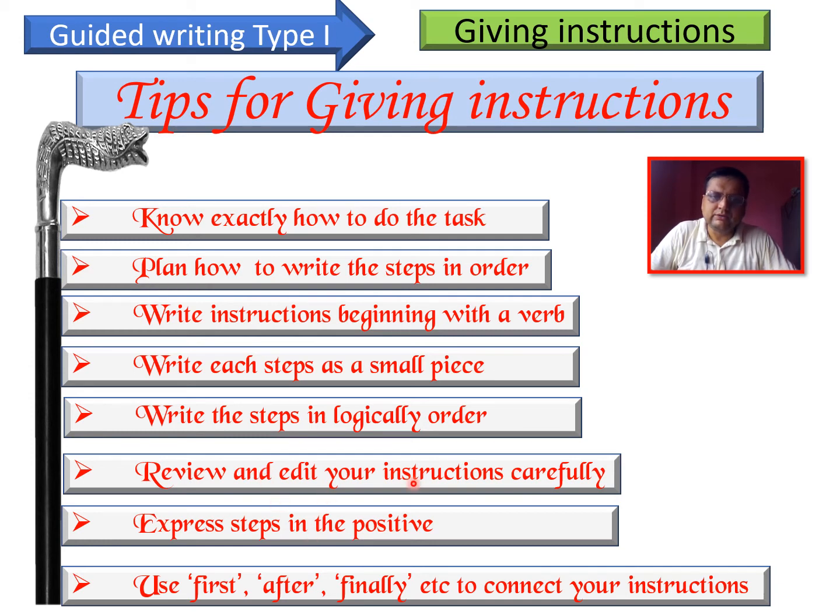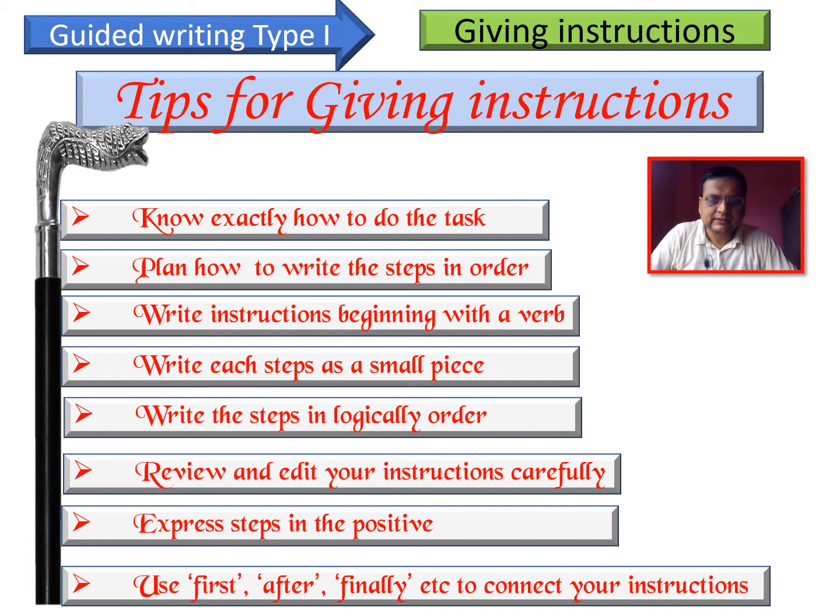Review and edit your instruction carefully. Express steps positively and use first, after, finally, etc. to connect your instruction with the next instruction. You have to connect the first instruction with the next instruction. These are some tips for writing instruction.